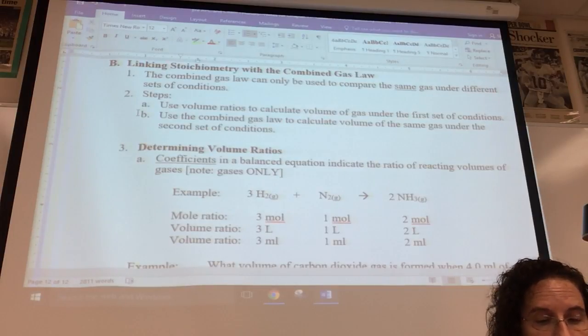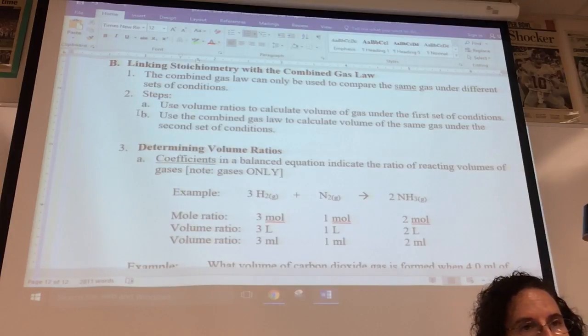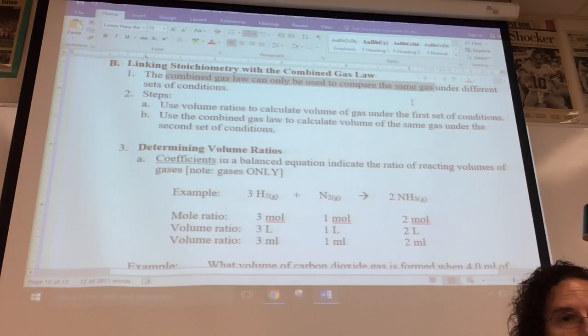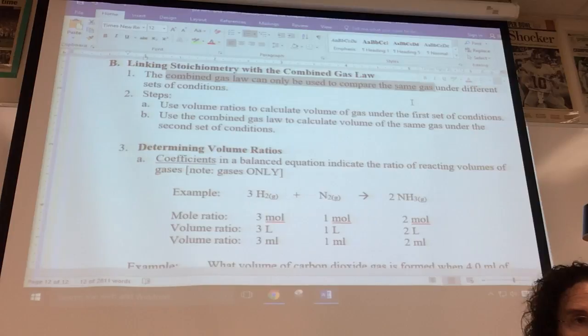The key with the combined gas law that some of you may not recognize just yet is that when you use it, you must compare the same gas under different conditions. So you can look, for example, at helium at one volume, temperature, and pressure, and you can look at what happens to its volume when you change the pressure and temperature.